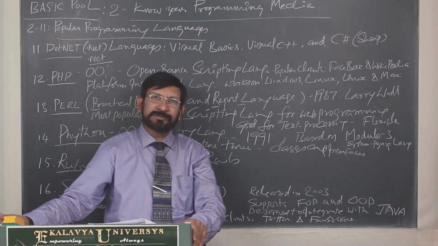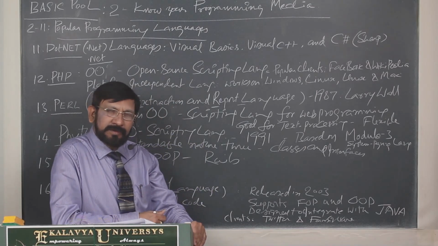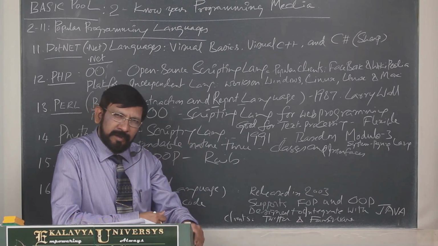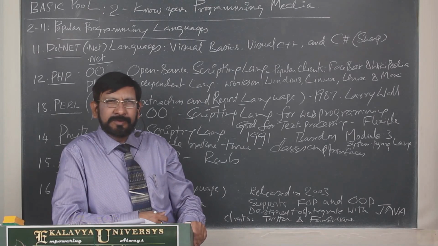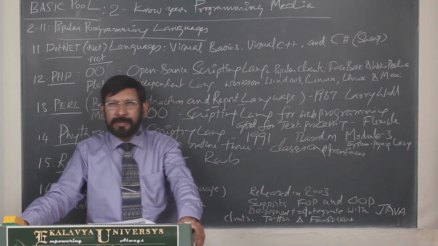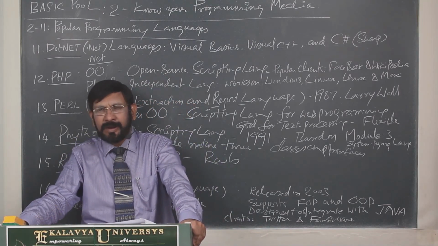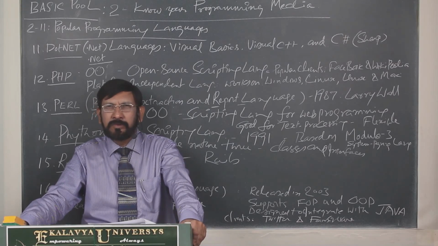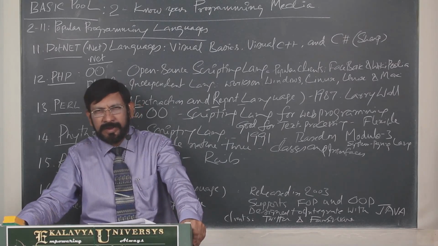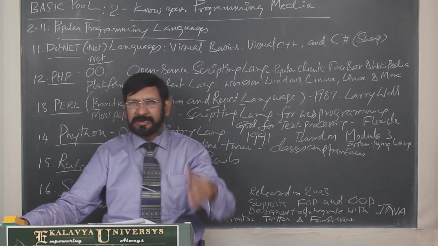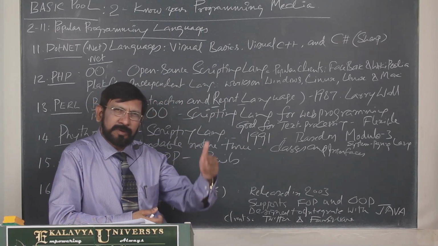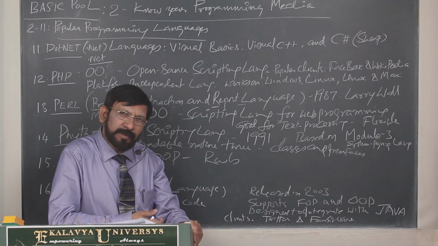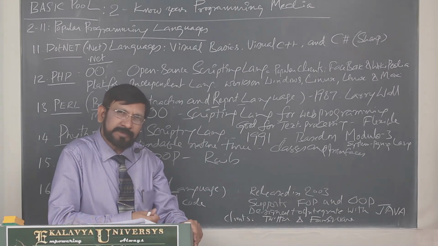And the next one is Java. Java is the true object oriented programming language, and for any language to become popular, it takes a lot of time. But Java, within a short span of time, was released in 1995, and by 2000, almost 20% of world programmers had become Java programmers.